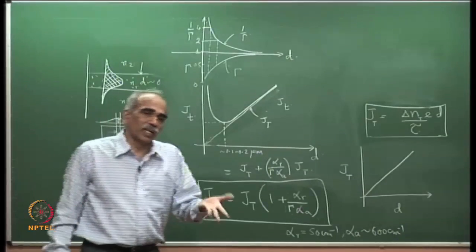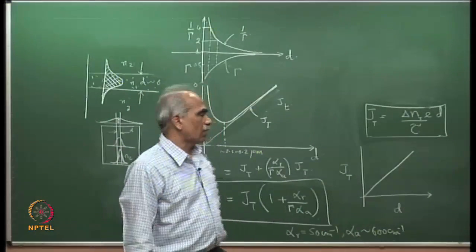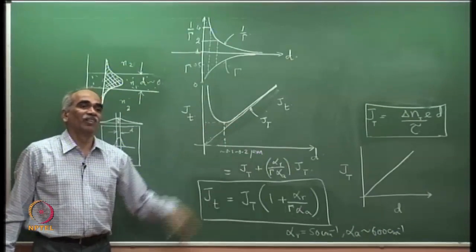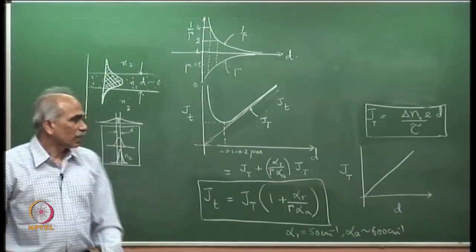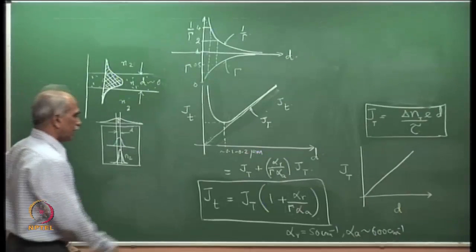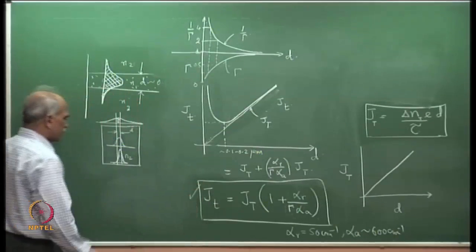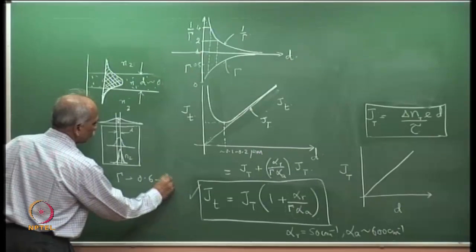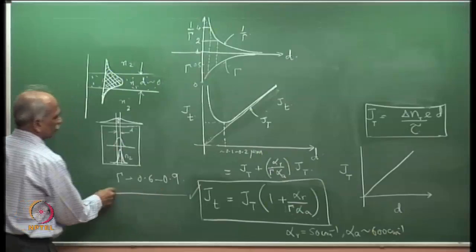Why did you stop there? Why didn't you reduce it further down? So, this is a minimum. The threshold current is there. Okay? So, this is the correct expression. Most of the semiconductor lasers have gamma between 0.6 to 0.9.